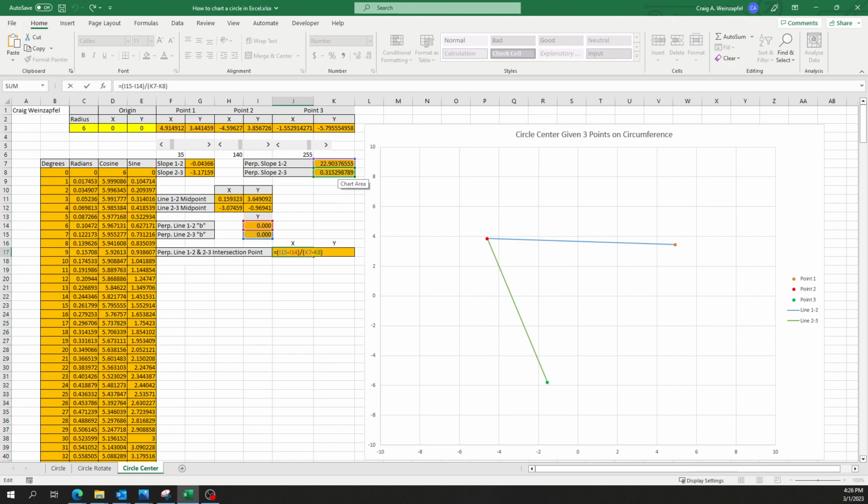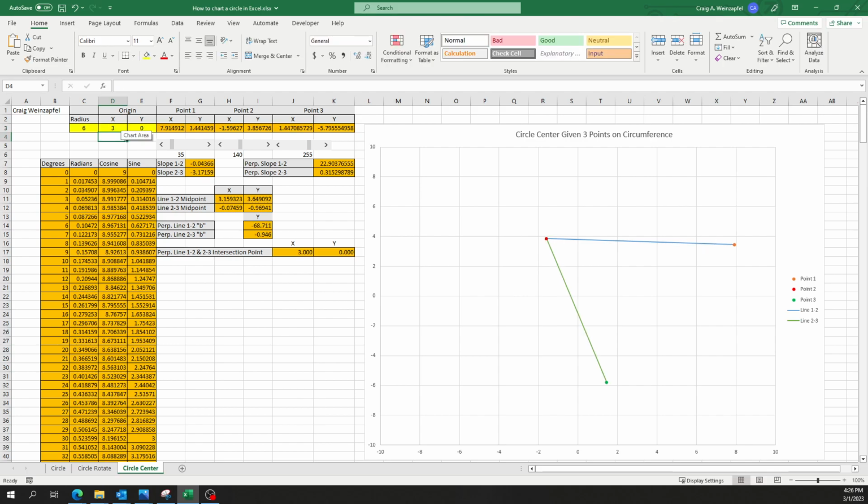So y equals mx plus b for both lines, therefore m1 x plus b1 equals m2 x plus b2. And when you solve that, you'll end up getting your intersection point, which happens to be the center of the circle. In this case, it's 0, 0, and it should be, and that will change with me changing the origin up here as well.